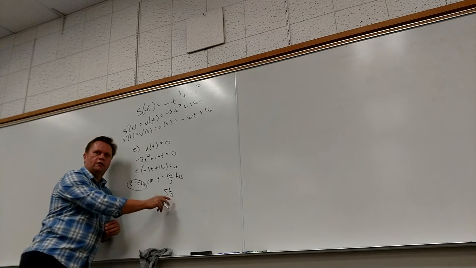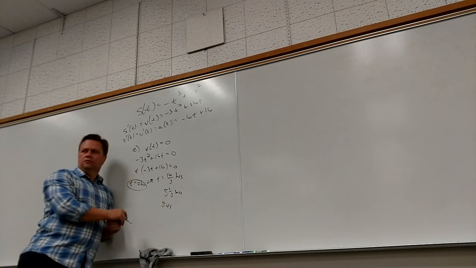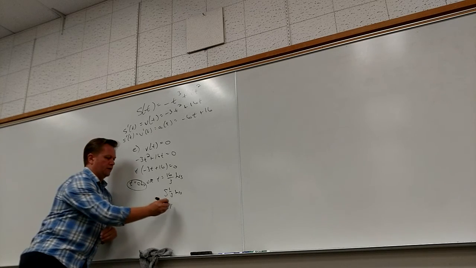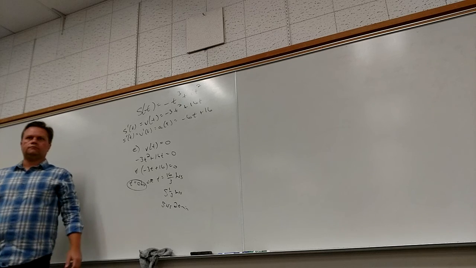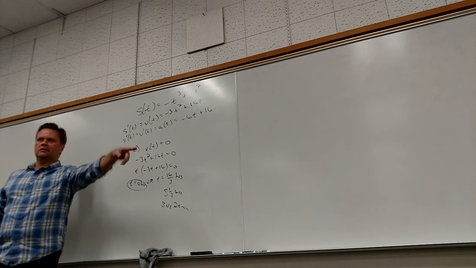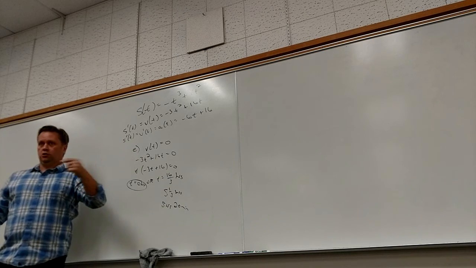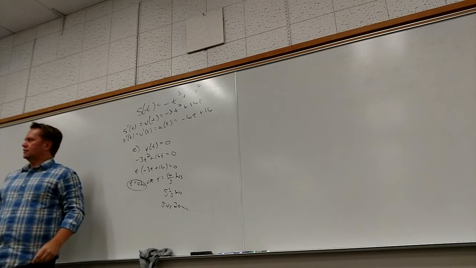What's 1/3 of an hour? 20 minutes. So 5 hours, 20 minutes. So it goes somewhere, stops there for just an instant, and then it turns back and heads back.